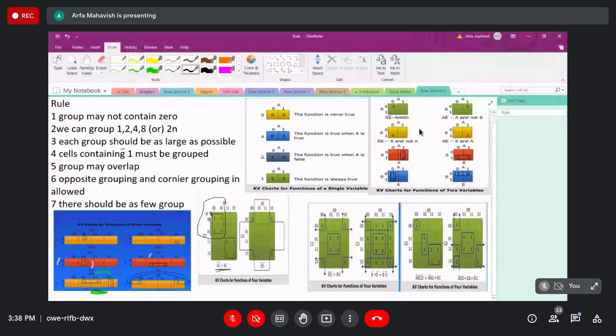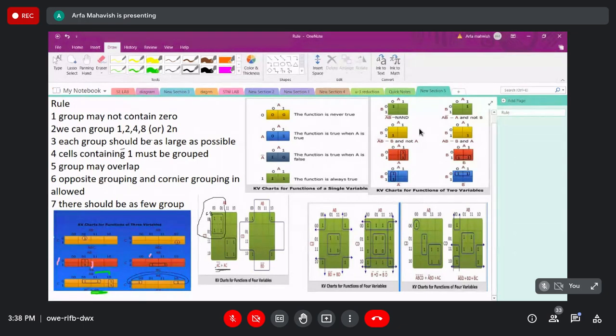Next, what you are doing, just check whether the input value matches the output value or not. We have the input value 0 and the output value is 1, so it is not matching. Here also, input value is 0 and output value is 1, not matching.